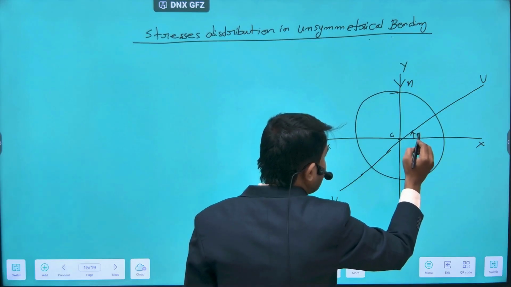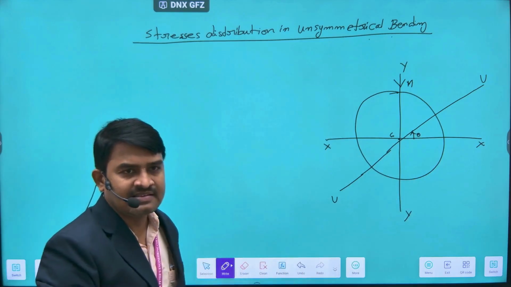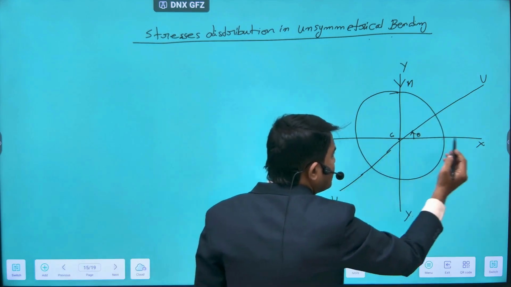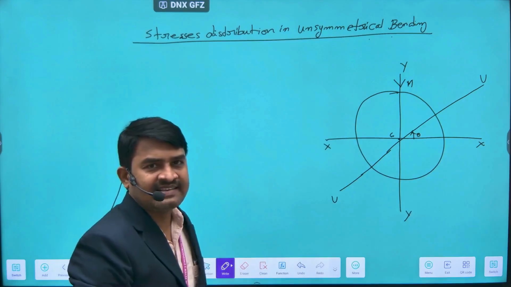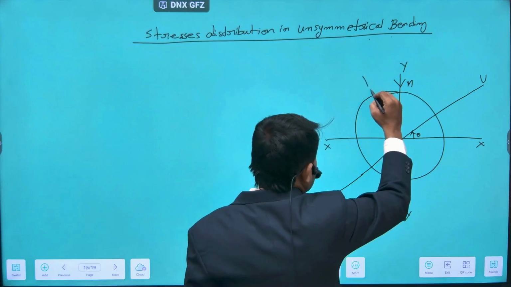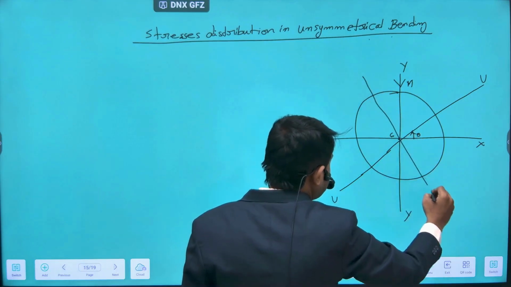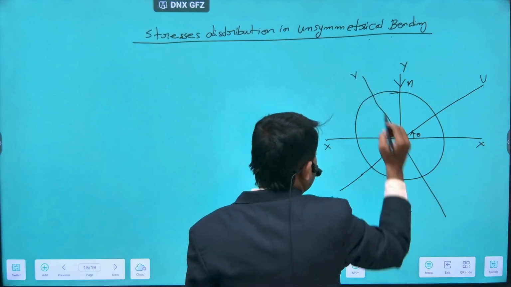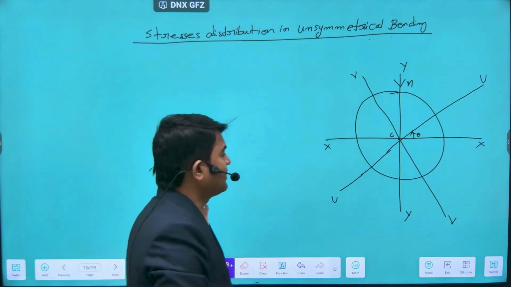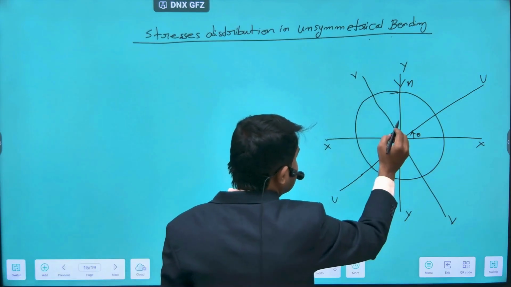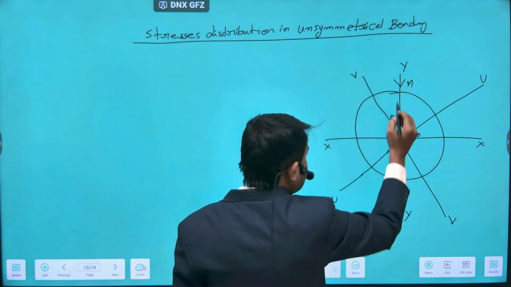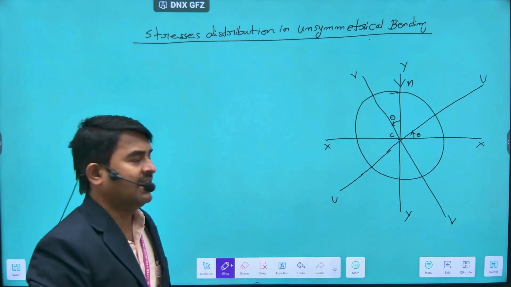Likewise, we take another principal axis, vv, to simulate the loading conditions here, which makes an angle theta with the vertical axis y.